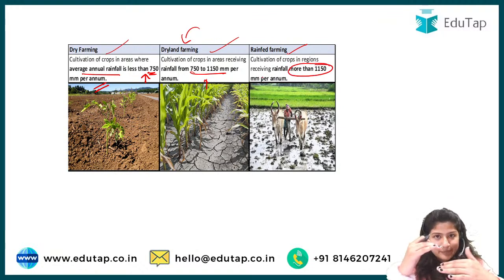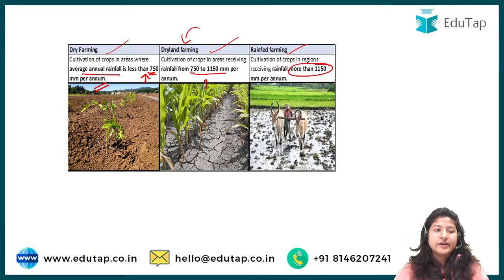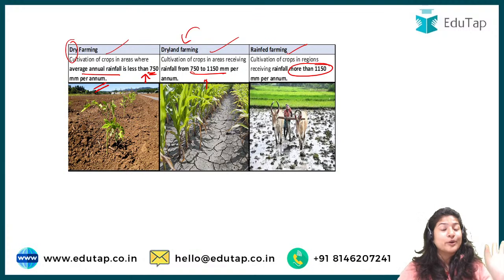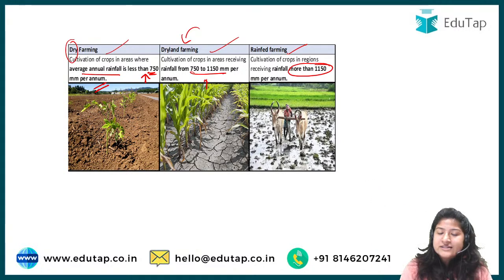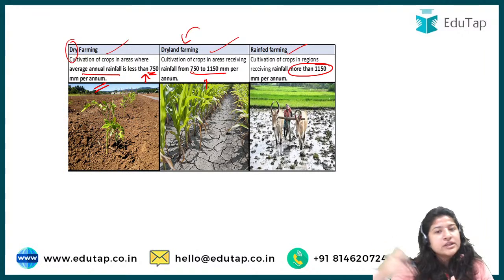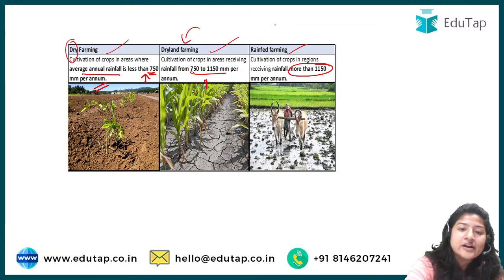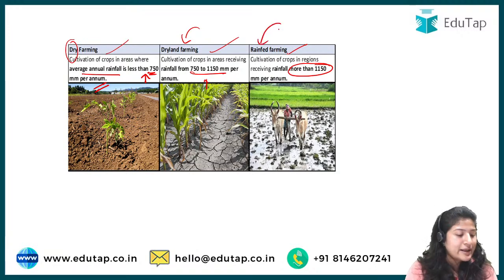All right, so below 750, dry farming. You can link it in a way that something is completely dry, right? Not completely, but yes, to remember, below 750, dry. Between 750 to 1150, dry land farming, and then more than 1150, that is rain-fed, feeding on rain, that is rain-fed farming.